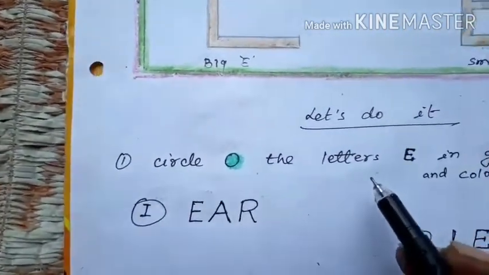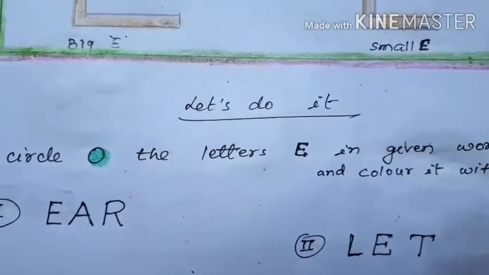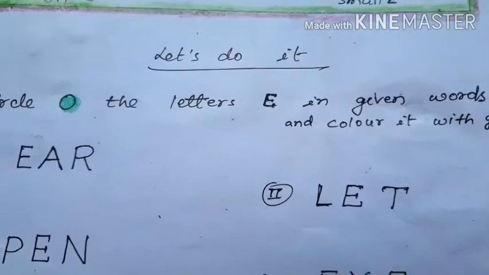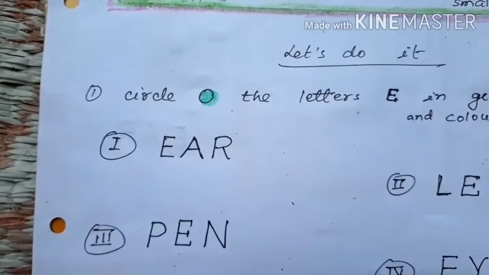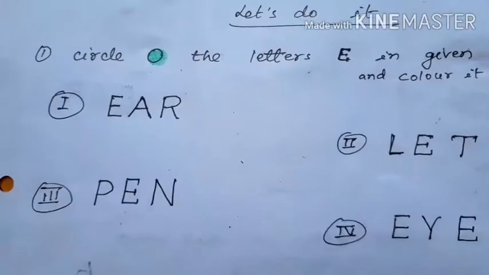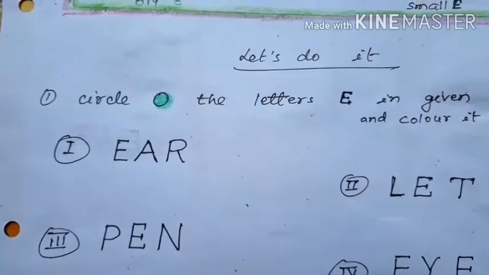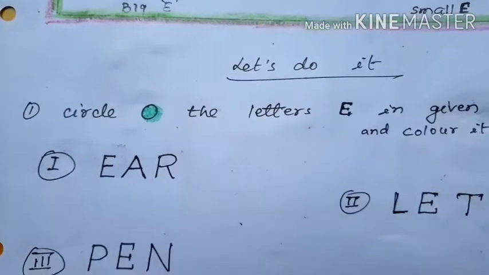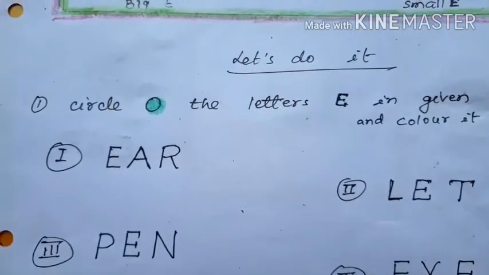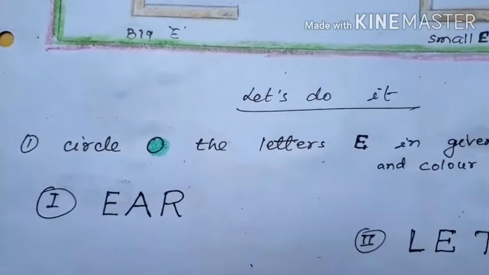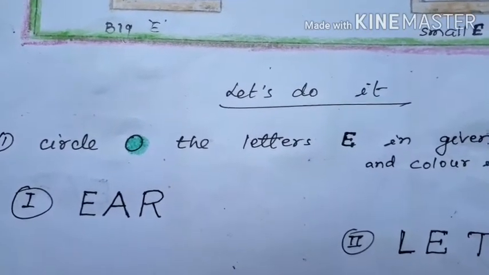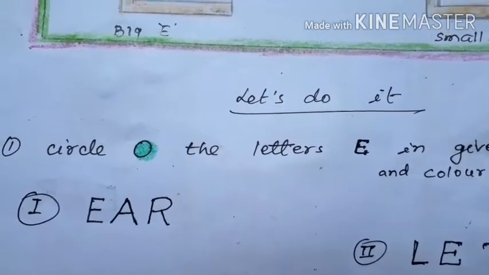Circle the letters E in given words and color it with green. Before this video, I brought this kind of activity in which only letter to letter recognition had been shown, but in this activity I want to make the concept of identification of letter E very clear.